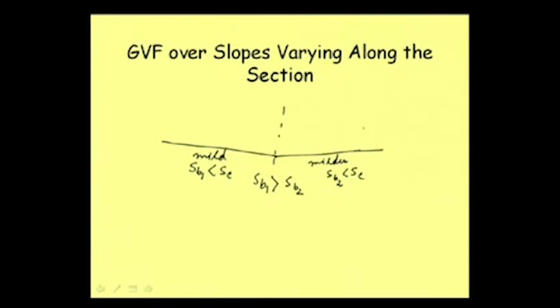So, as far as critical depth YC is concerned, let us consider this as a rectangular channel. Then we know that this is equal to (Q square by G) whole to the power 1/3.